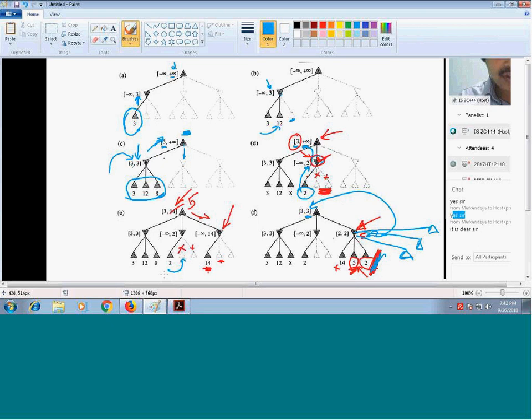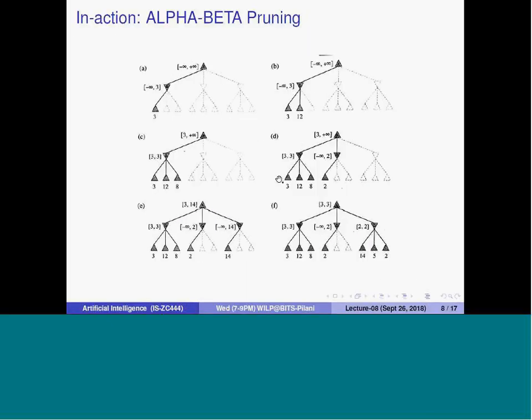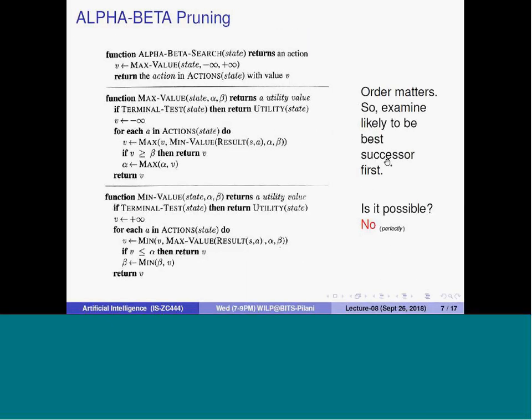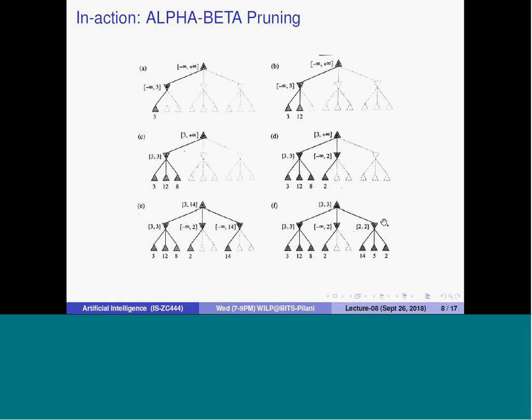So this algorithm, I hope you understand. You see this particular thing. Here one thing is very important to note: since you have explored this in this way, if at this particular place, instead of exploring 14, 5 and 2, you had explored 5 and 14, it may have been possible that you would not have explored this particular path.